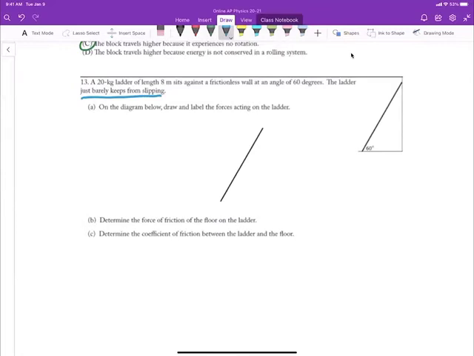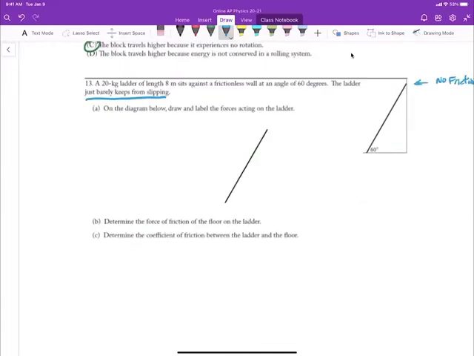They probably should have done a better job of saying that there was no friction here. Let's see, a 20 kilogram ladder sits on a, oh, they did tell me that. A frictionless wall at an angle of 60 degrees. The ladder just barely keeps from slipping. So I'm right at slipping, in my opinion.